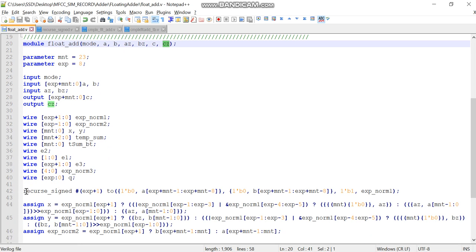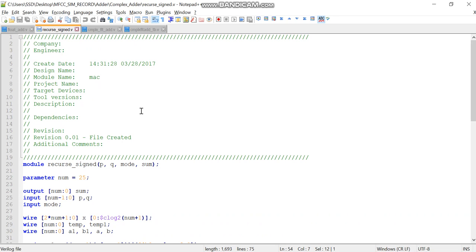So again here, recurse sign is an integer addition module which is required for the mantissa addition. This integer addition module has three inputs. One is P, Q, which are the actual addend and augend, and mode is the one which decides whether P and Q should be added or subtracted.